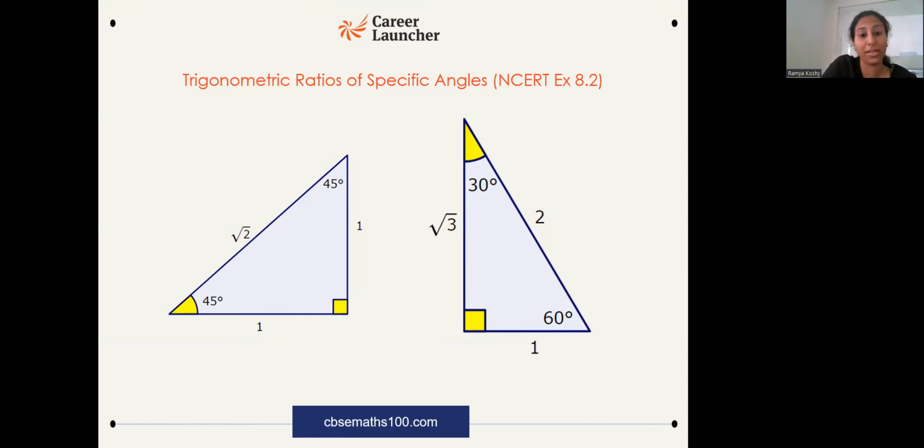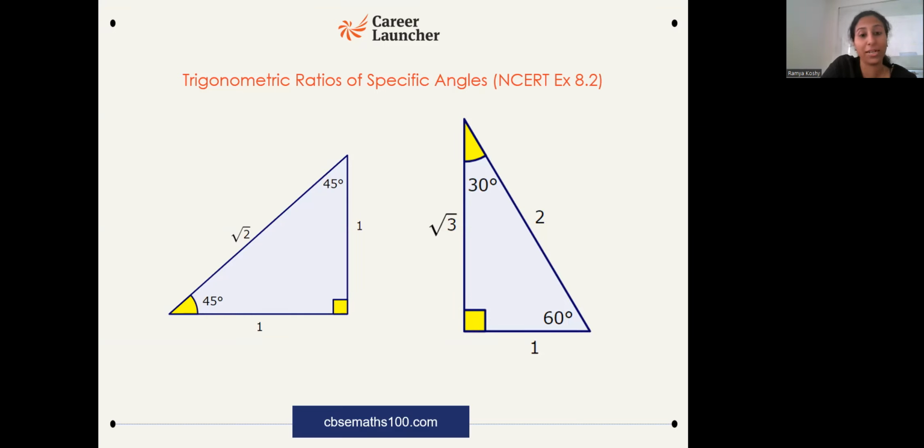Geometrically, if they ask you to prove this, then you can use an isosceles triangle where the angles are 45 degrees and the sides are 1. Which means the hypotenuse would be root 2 by Pythagoras theorem. If you consider an isosceles triangle where you have 1 and 1, the hypotenuse will be root 2.